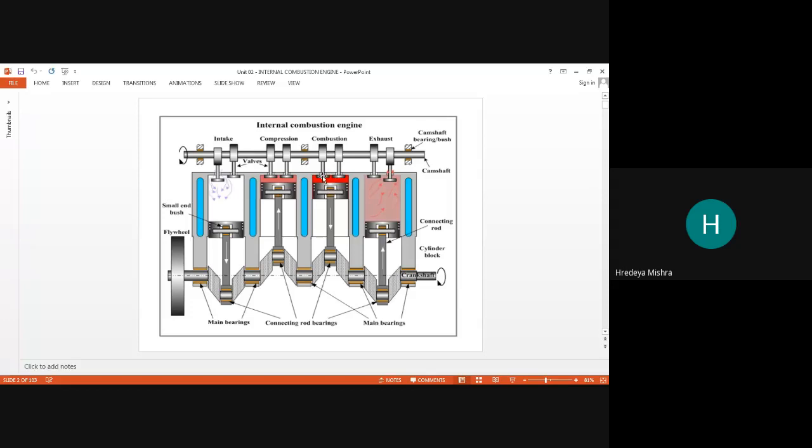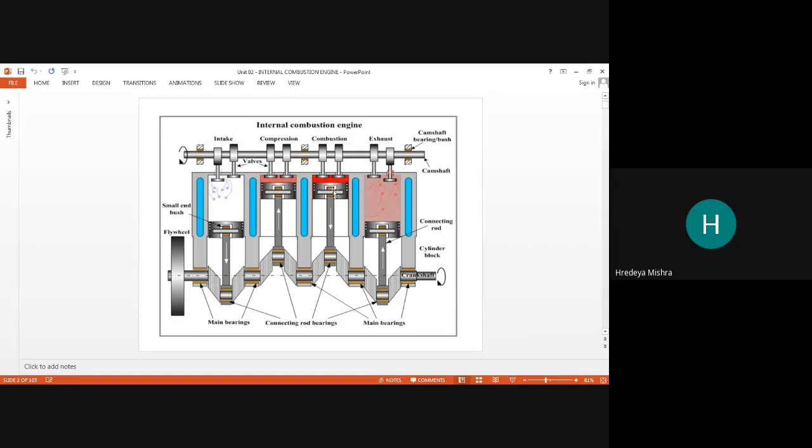The spark plug ignites the mixture and combustion starts. Means through the ignition, combustion starts, and after that energy is generated. Then what happened?